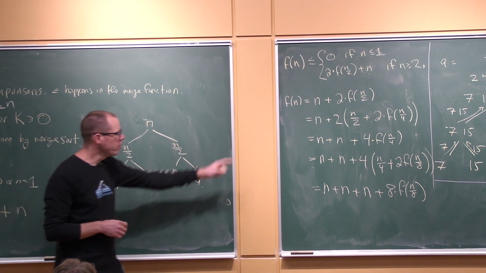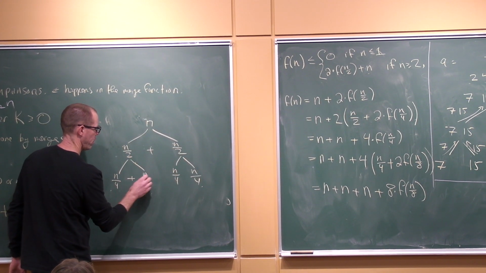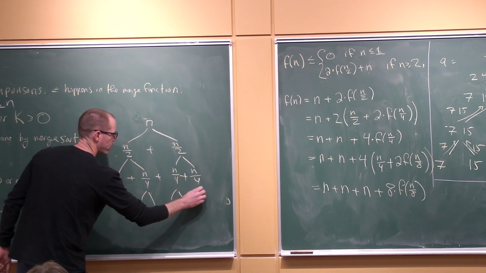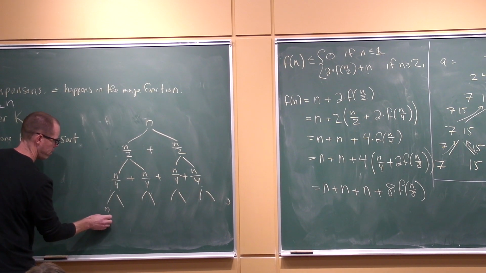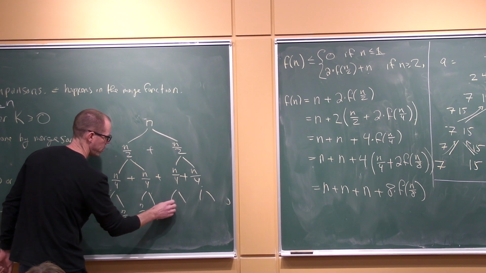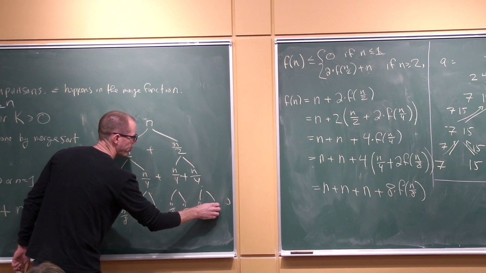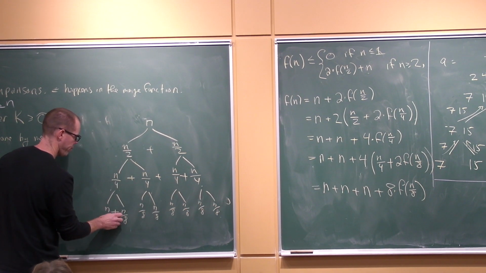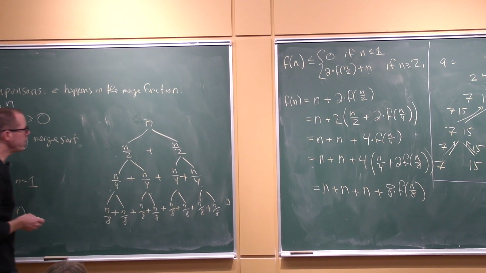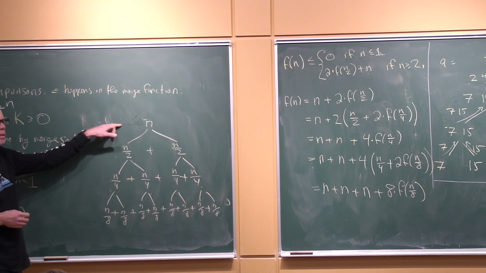So actually, this thing that we're expanding here is really this thing. So it's the recursion tree. And the really nice thing about it is, well, this level here, the number of comparisons is n.